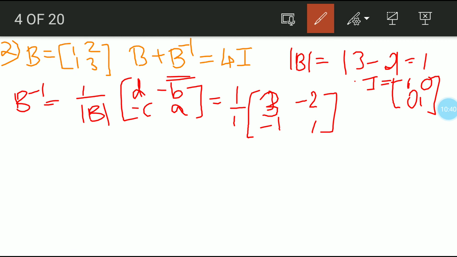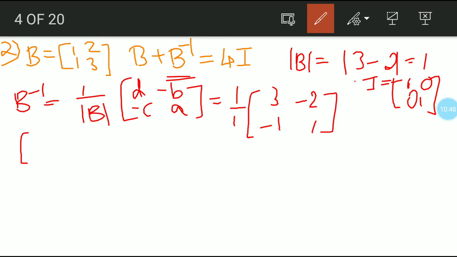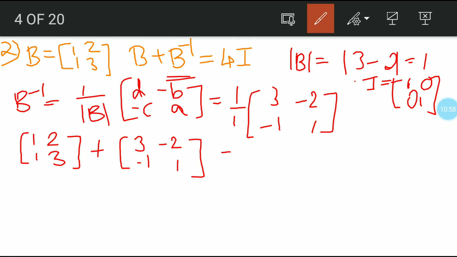Now D plus B inverse is equal to 4I. In this formula we are going to put it. So 1 2 1 3 plus 3 minus 2 minus 1 1 is equal to 4I. Here we have to solve the LHS first; for proving the RHS we only need the LHS.